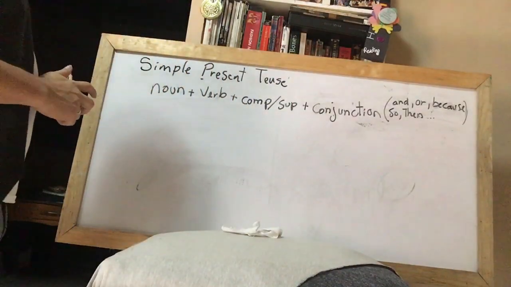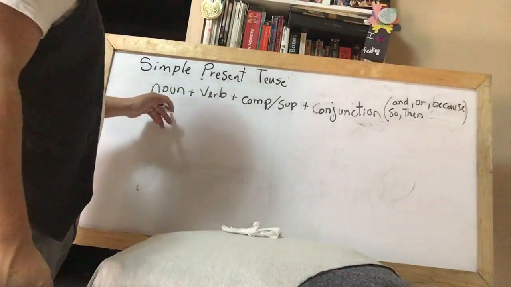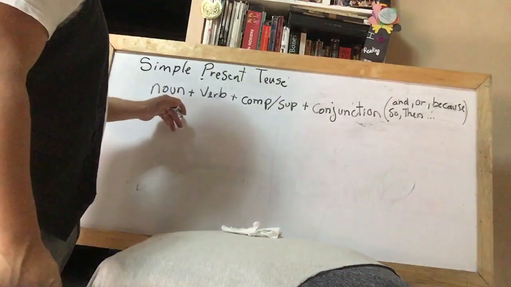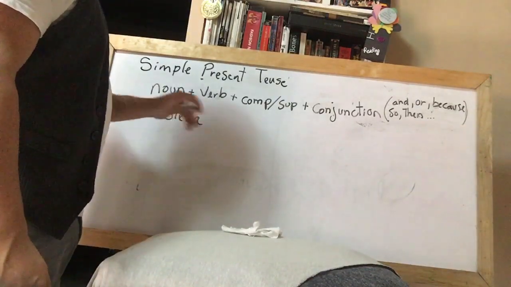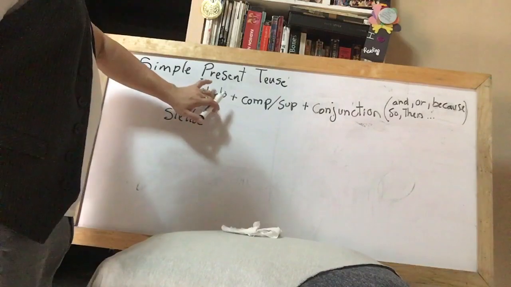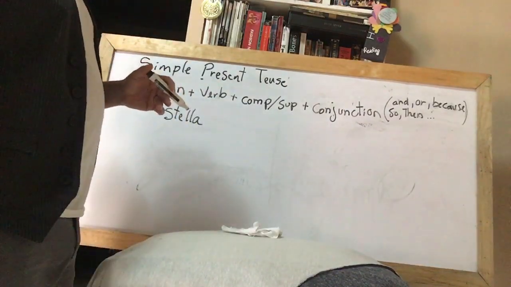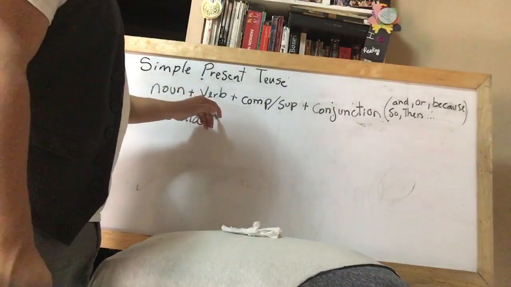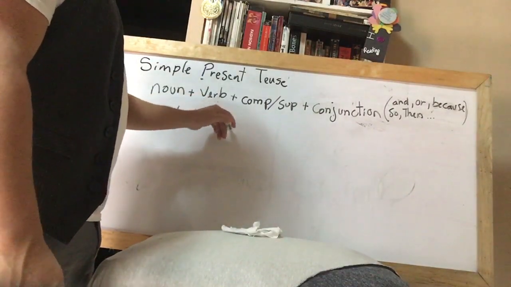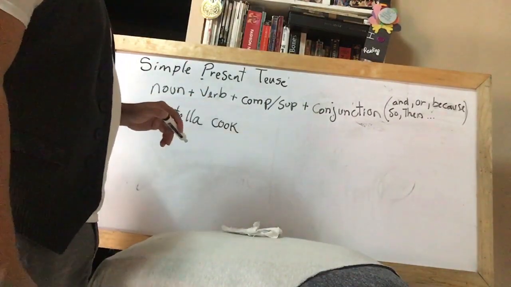So let's start. We have the noun Stella. And then in the verb, we can choose a verb, cook. Now, cook will be your verb, cook.